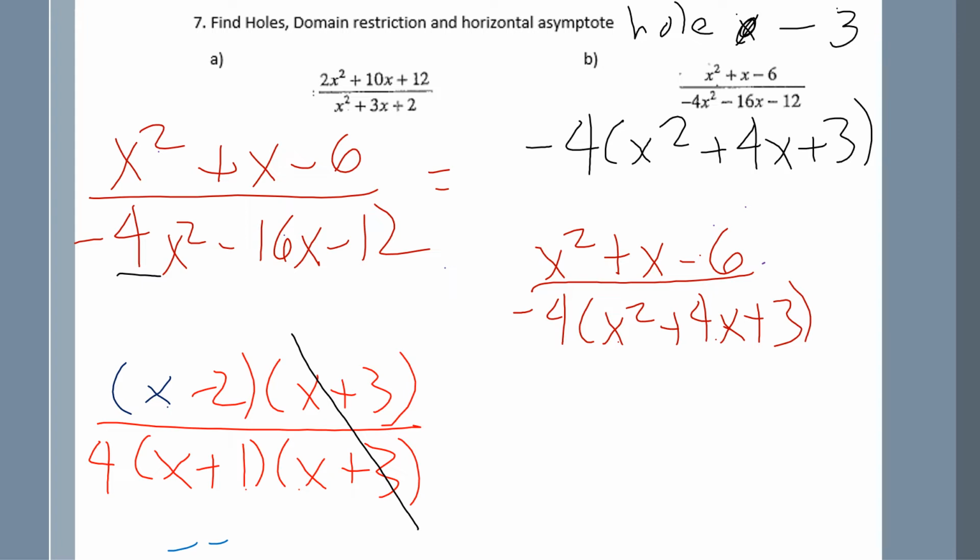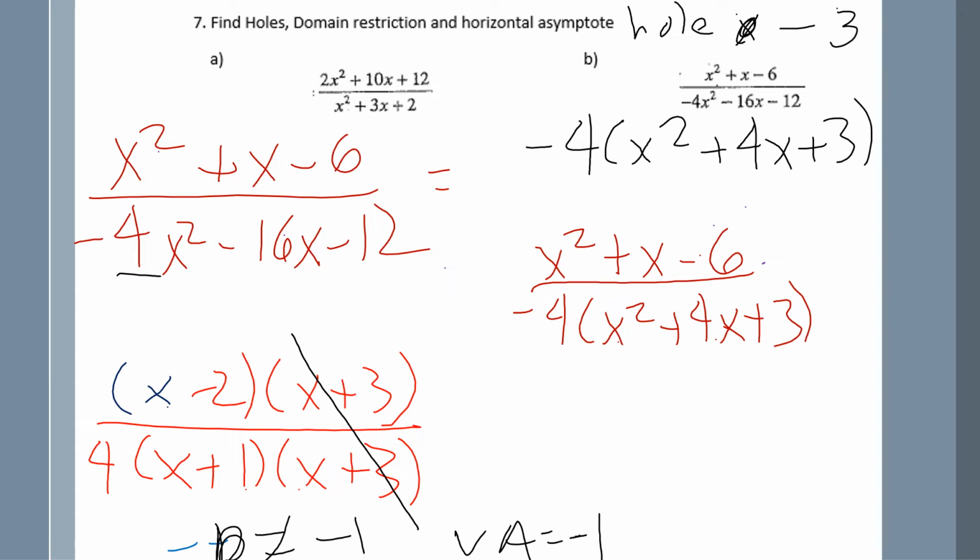Now my vertical asymptote: let's start with the domain restriction. The domain, which is the number that makes the rational function undefined, is x cannot equal negative 1. So my vertical asymptote is negative 1.